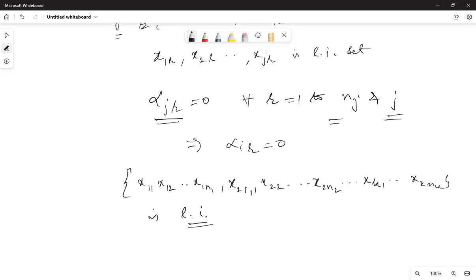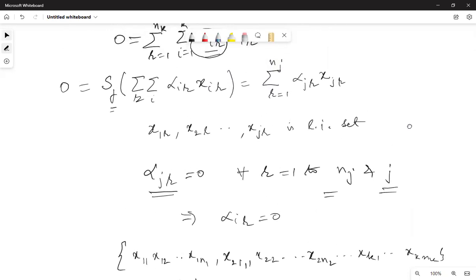But in the last expression, the first index is fixed in xjr. So how are you taking x1r, x2r, xjr as linearly independent?